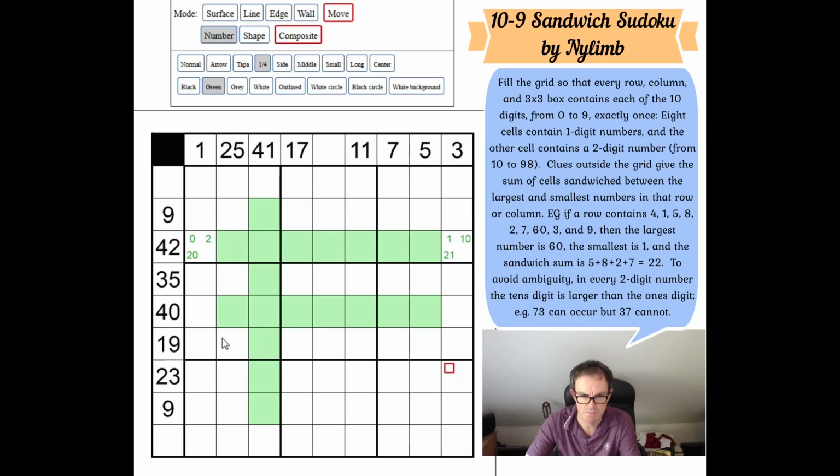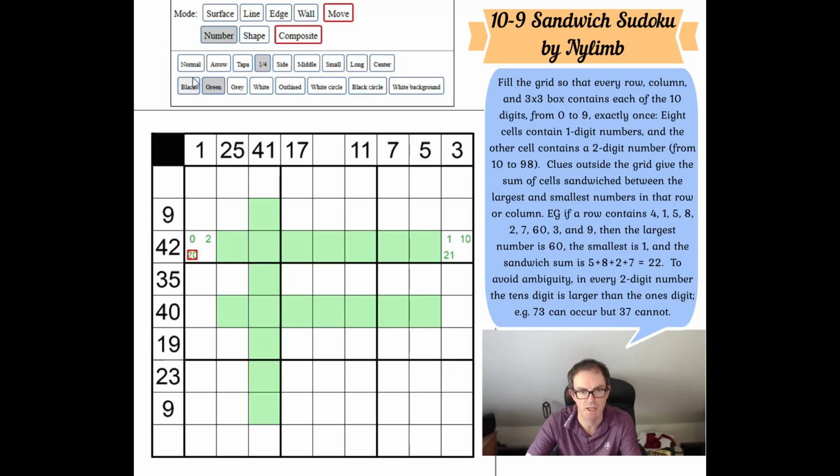Right, so but in this column the 0 bounds the sandwich for certain, so 20 is not possible.